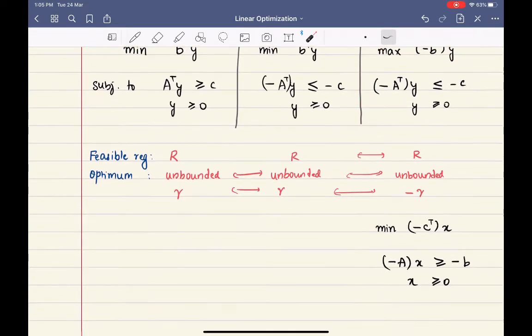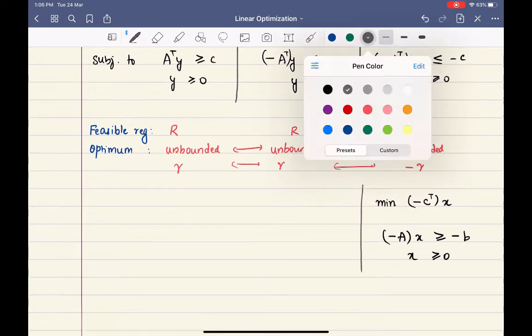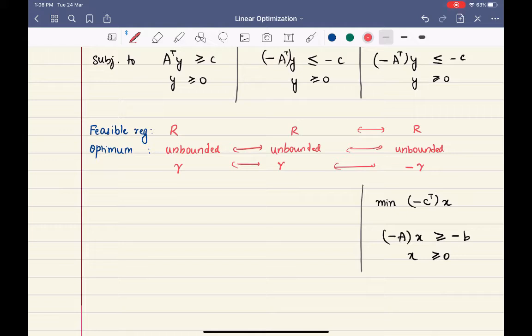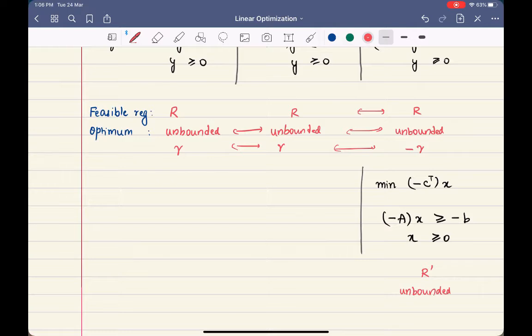Now what can we say about this? This will have some feasible region R prime, and the optimum could either be unbounded or some gamma prime.